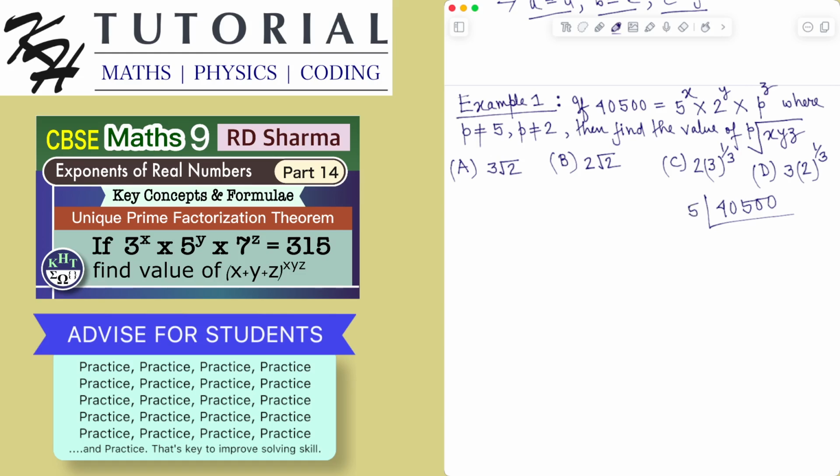If I divide by 5, this is 8100, and then 100. So if I express 40,500 as a product of powers of distinct primes, 100 is 2 square multiplied by 5 square, so clearly I can see 5 cube multiplied by 2 square multiplied by 3 to the power 4.